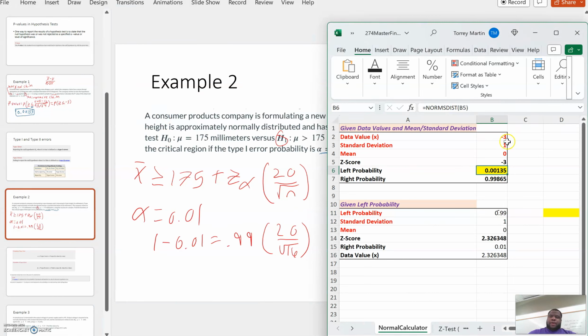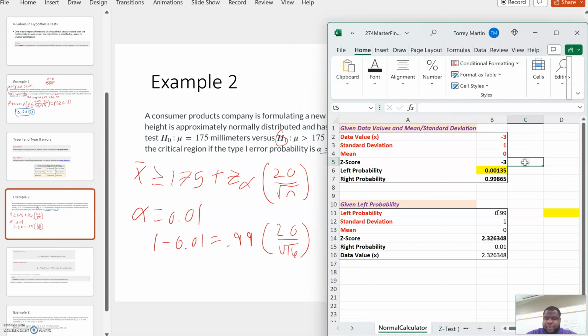All right, so in this case, we want to use the given left probability. If I plug in 0.99, I'm going to be given a z value of 2.32. So that is what I'm going to use.